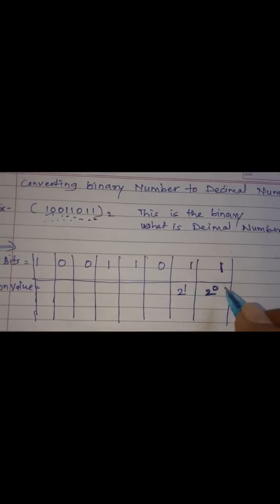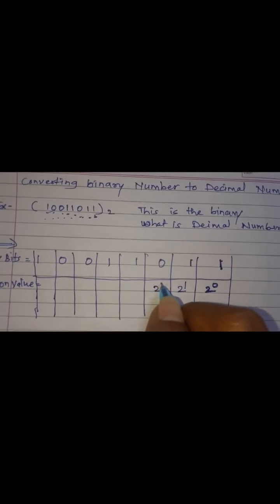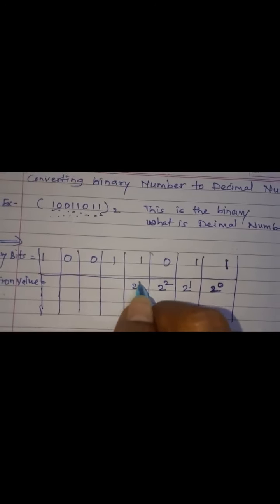Then base value 2 power of 1. We have to increase the power now. In this way, 2 raised to 2, 2 raised to 3, 2 raised to 4, 2 raised to 5, 2 raised to 6, and 2 raised to 7.